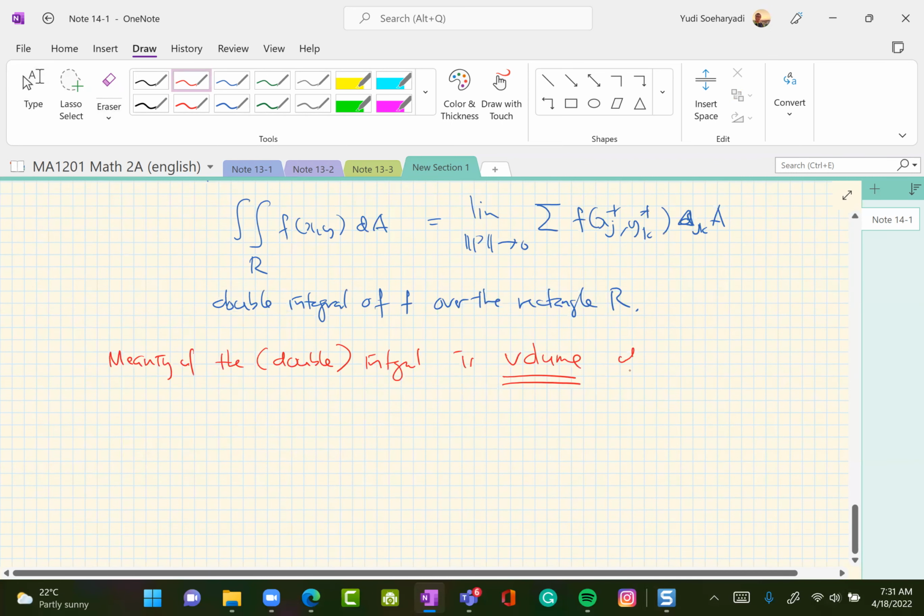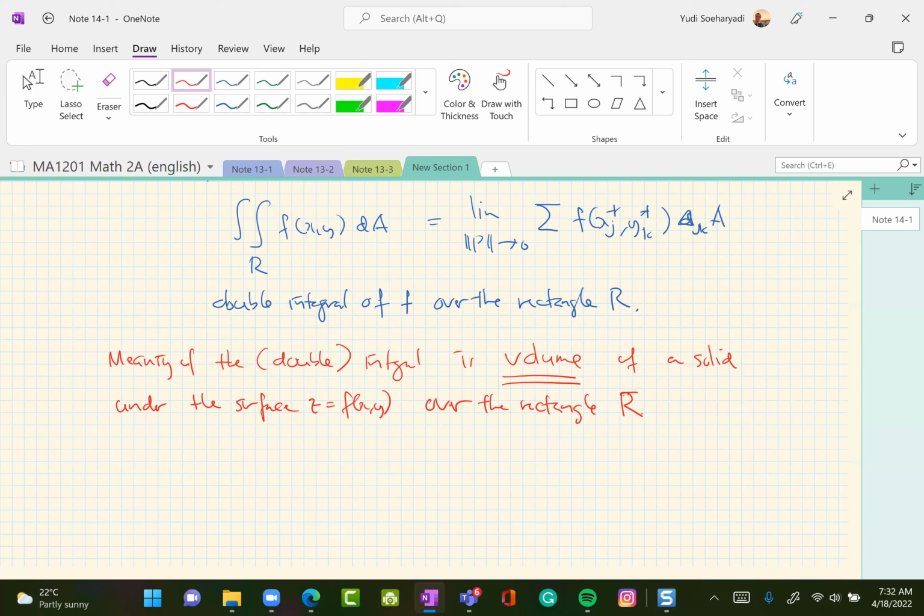So the volume of a solid under the surface z equals f of x, y over the rectangle. That's what it means to be the double integral. So this is the notion of a double integral.